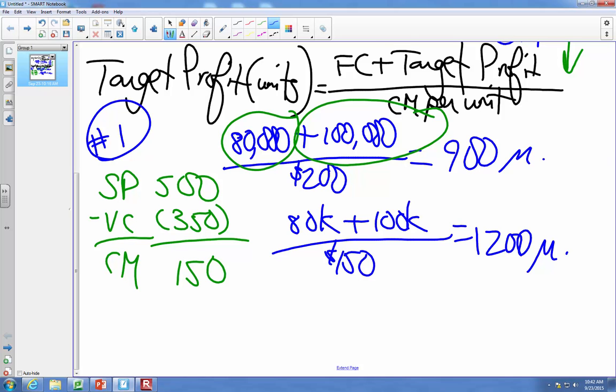And my target profit remains the same. How am I going to make $100,000 with $4,300 a month in advertising expense? I have to calculate it myself. I sure don't know off the top of my head.